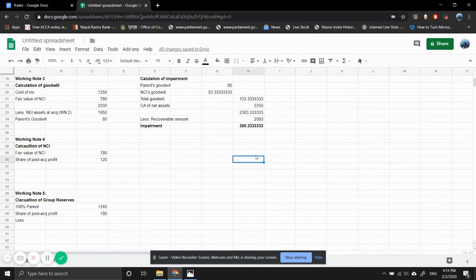So since our goodwill is 133, remaining assets that we need to allocate it will be 167, right?